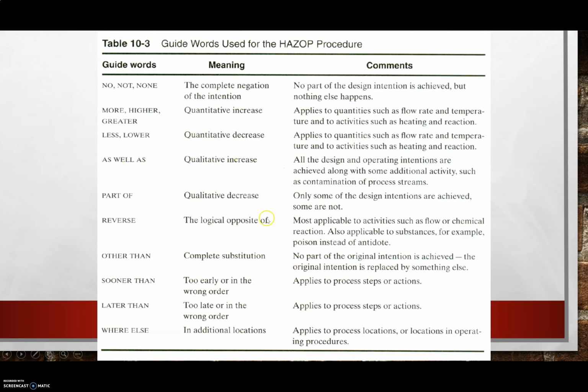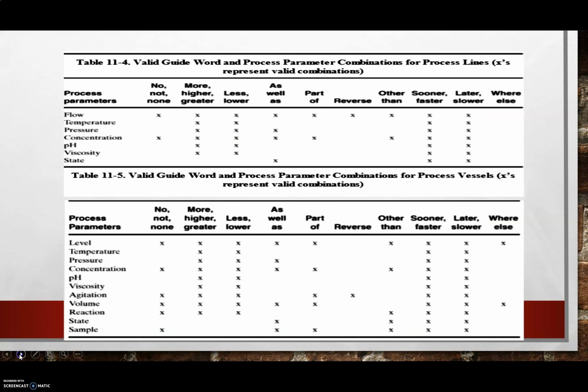So this is the same guide words from another reference. This is the combination from your guide words and your process parameters. This is your guide word, and this is your process parameters.